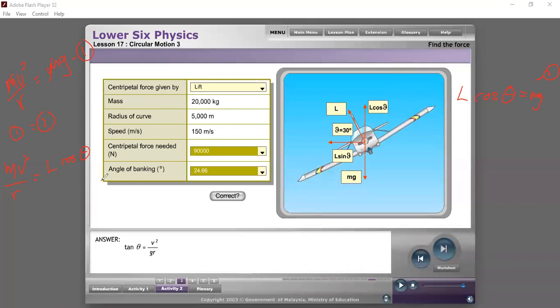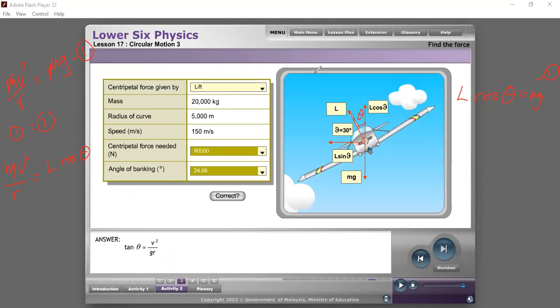Now L cos delta, here also we have the L sin delta, right? So L cos delta over L sin delta will be the delta. This means mv squared over r will be equal to tan delta.